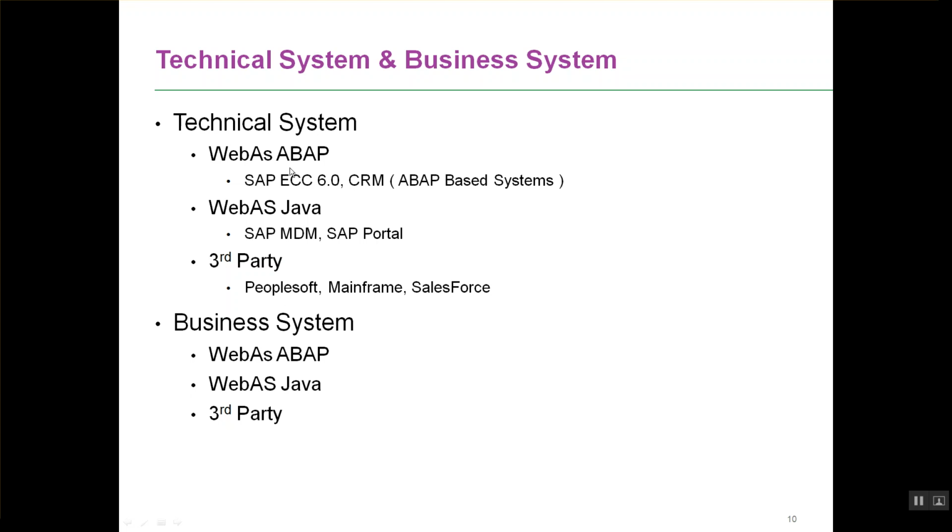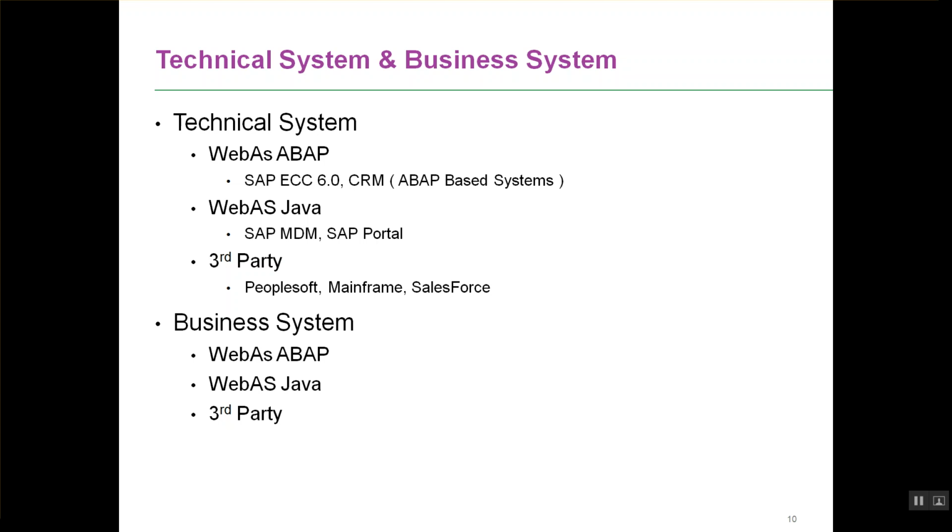And you guessed it right. If a technical system is of type web-based ABAP, the business system will also be of type web-based ABAP. If a technical system is of type web-based Java, the business system will also be of type web-based Java. If the technical system is of type third-party, the business system will also be of type third-party. Now, what is the relationship between a technical system and a business system? For a web-based ABAP system, as we all know, an ABAP system can have multiple clients.